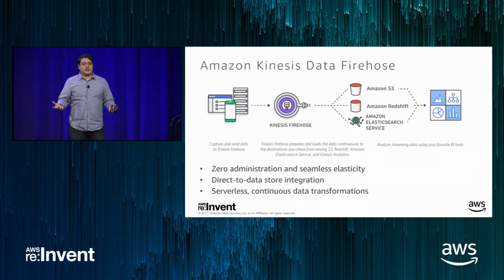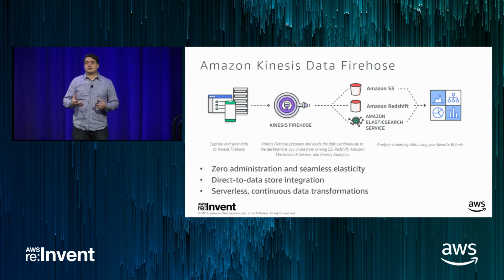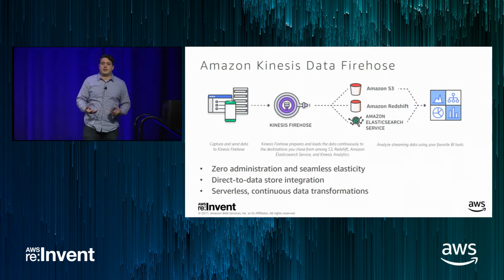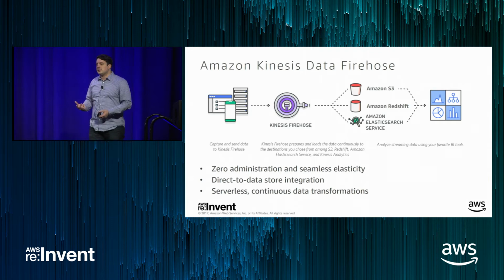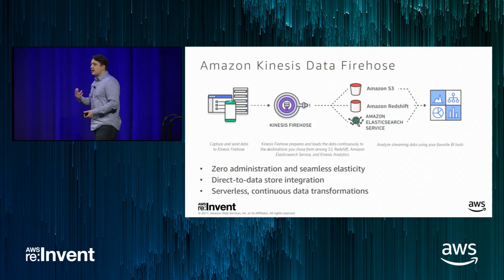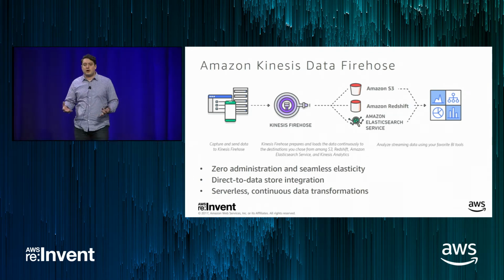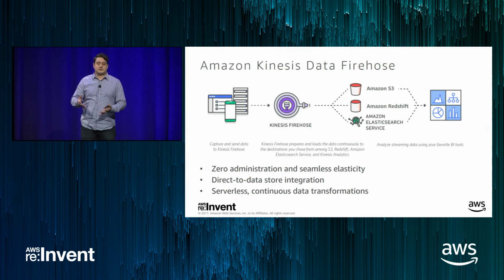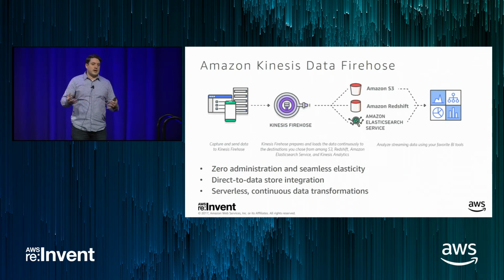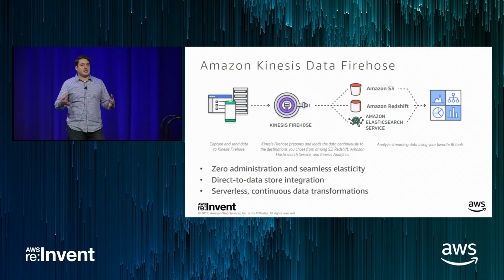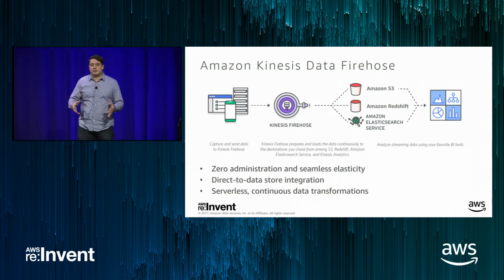When you use Kinesis Data Firehose, what you do is you create a Firehose delivery stream. And that Firehose delivery stream has a number of configuration parameters, the most important being things we call buffering hints. With those buffering hints, you tell us basically a time frame or a size of file you want on S3, or the loads for Redshift and Elasticsearch, and we will buffer data until we receive, say, 100 megabytes or 500 megabytes, till we get to a nice large chunk that you want to deal with.